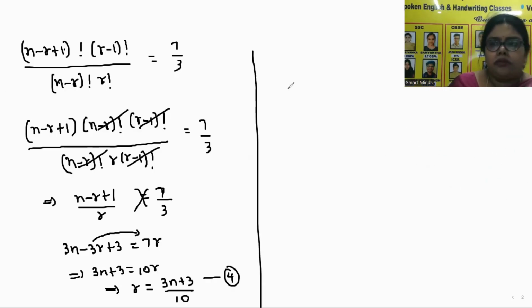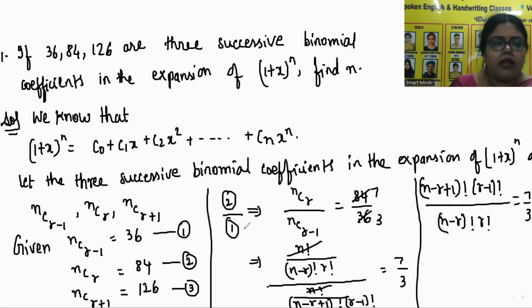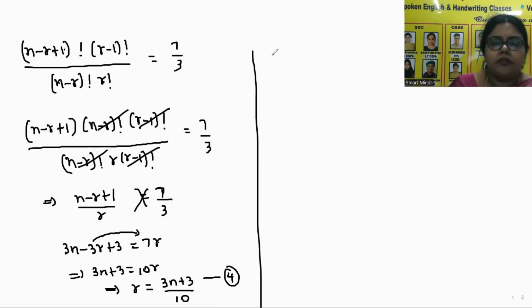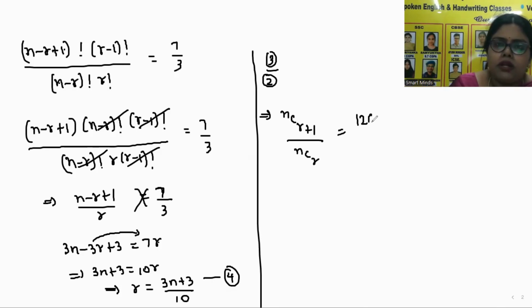Now, like we have done 2 by 1, we will do 3 by 2 now. So what is 3 divided by 2? The third equation is nC(r+1) by nCr is equal to 126 by 84. Now again we are applying the formula.